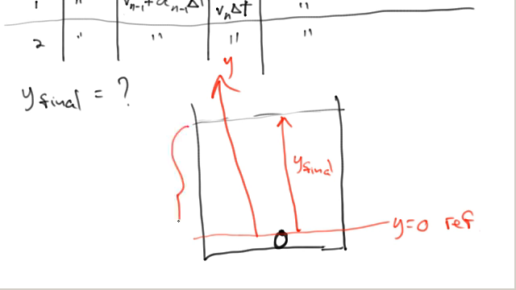I think I'll call this D for the depth of the water. So y final is equal to D minus the diameter of the ball.